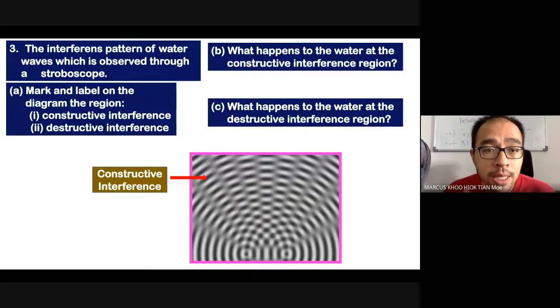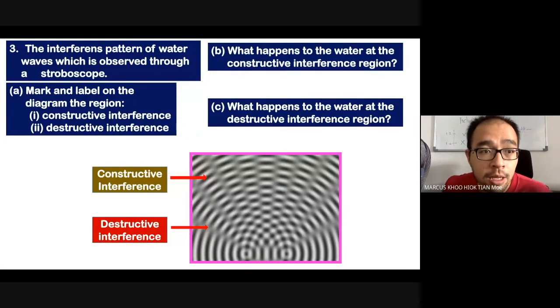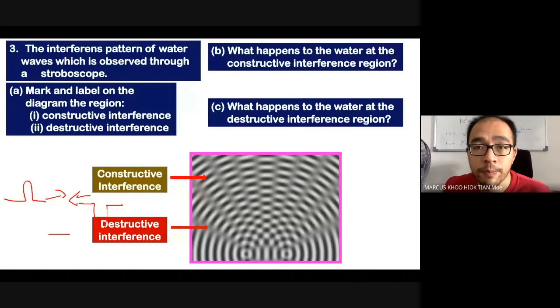Which means the place where the waves are blurred out is destructive interference. Destructive interference is one crest meeting one trough, and what happens? Zero. They become calm.